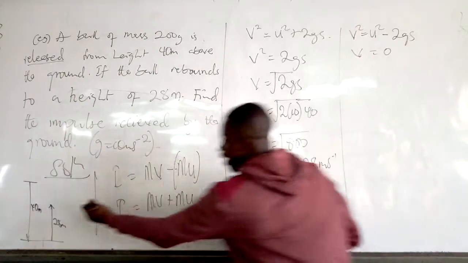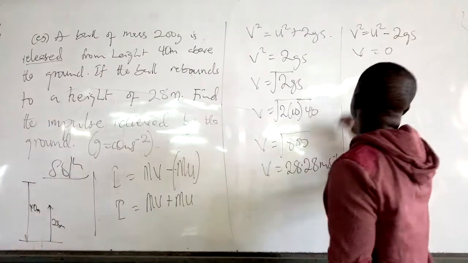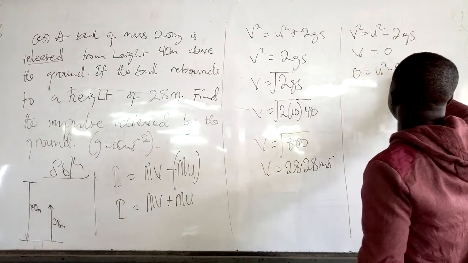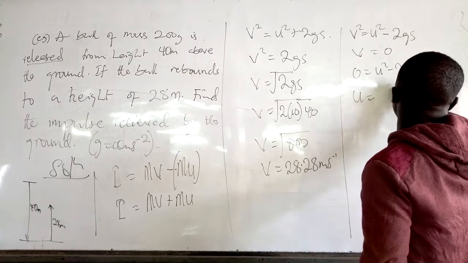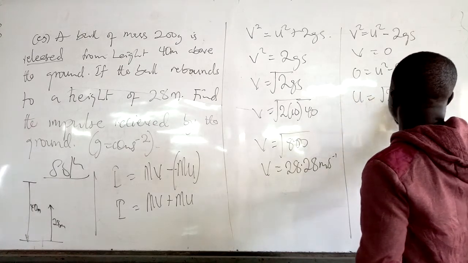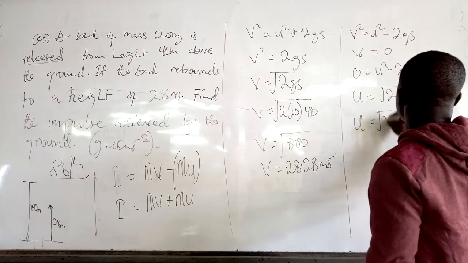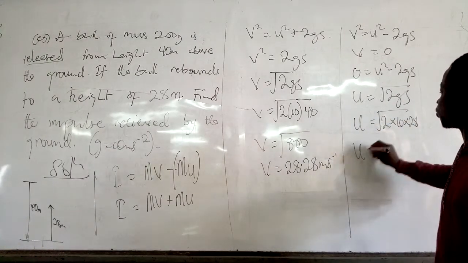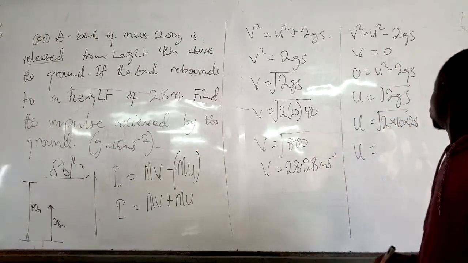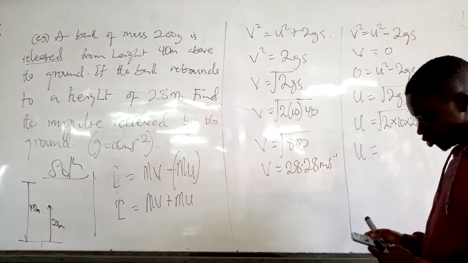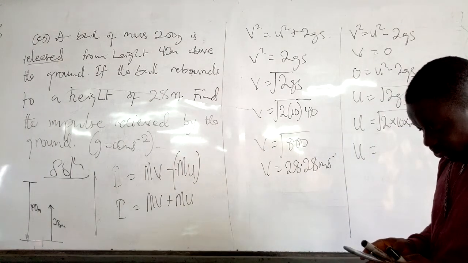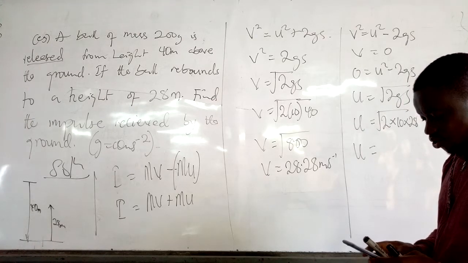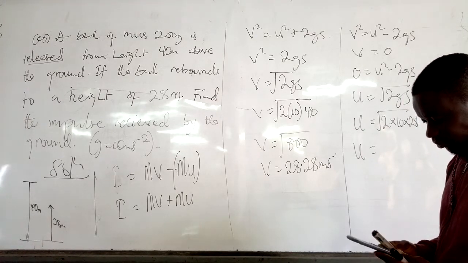At the maximum height, where you get to 28 meters, we get 0 is equal to u squared minus 2gs. So u is equal to square root of 2gs. So u is equal to square root of 2 times 10 times 28.